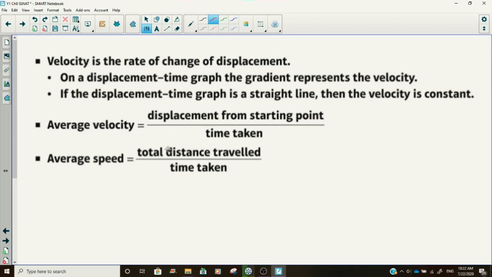So the distance is always positive, remember, over the time taken. So the average speed will always be positive, but the average velocity could be positive or negative if you end up with a negative displacement. So those two things give you different values from the same question, velocity and speed, okay?